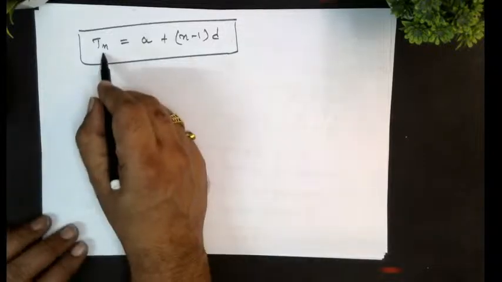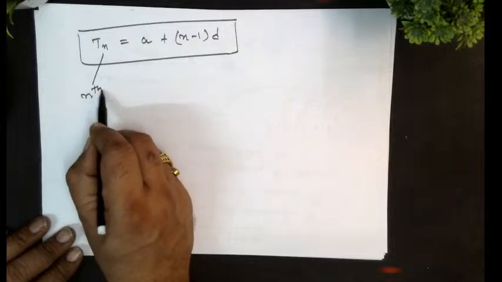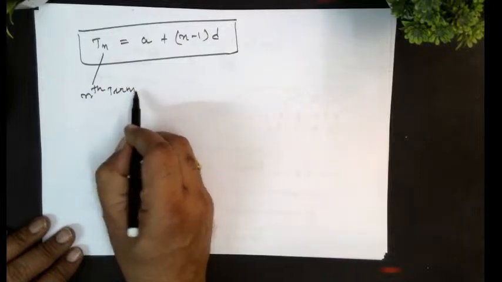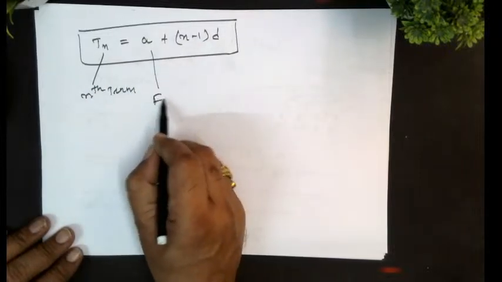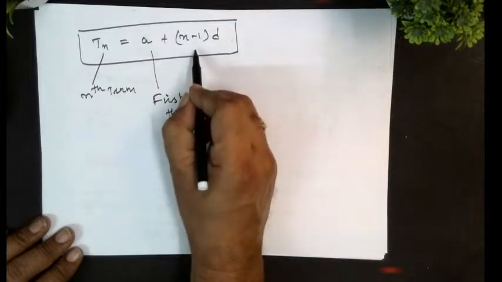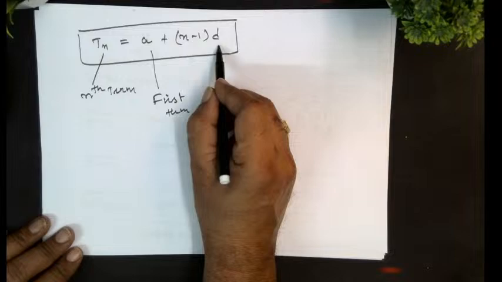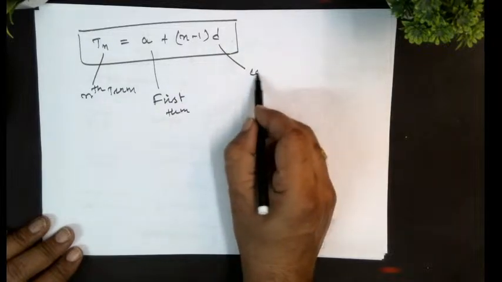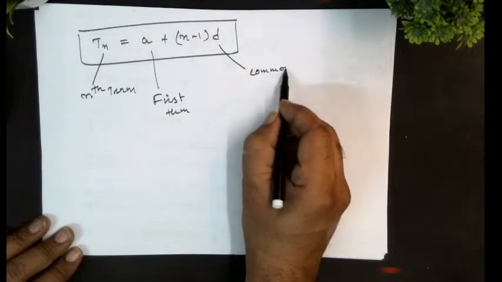So what is that? This is the nth term and this is the first term and this is the n minus 1 then into common difference. Okay.